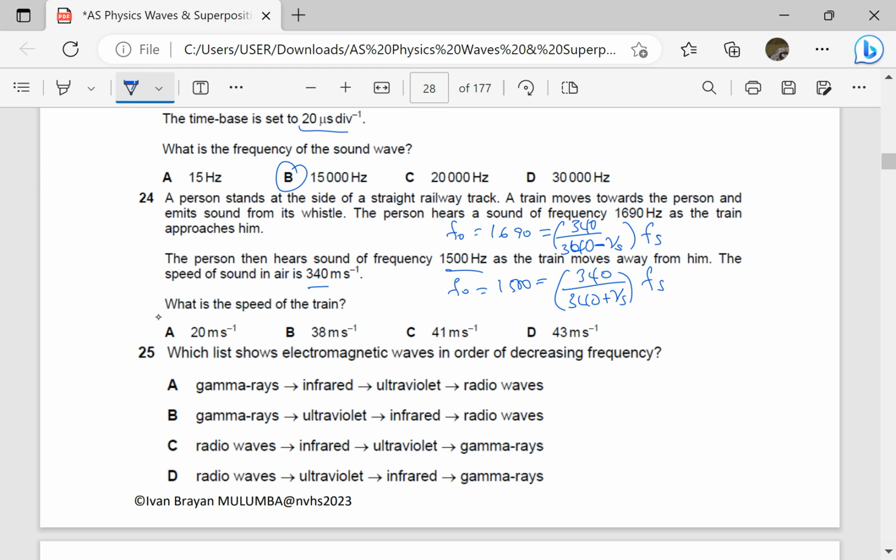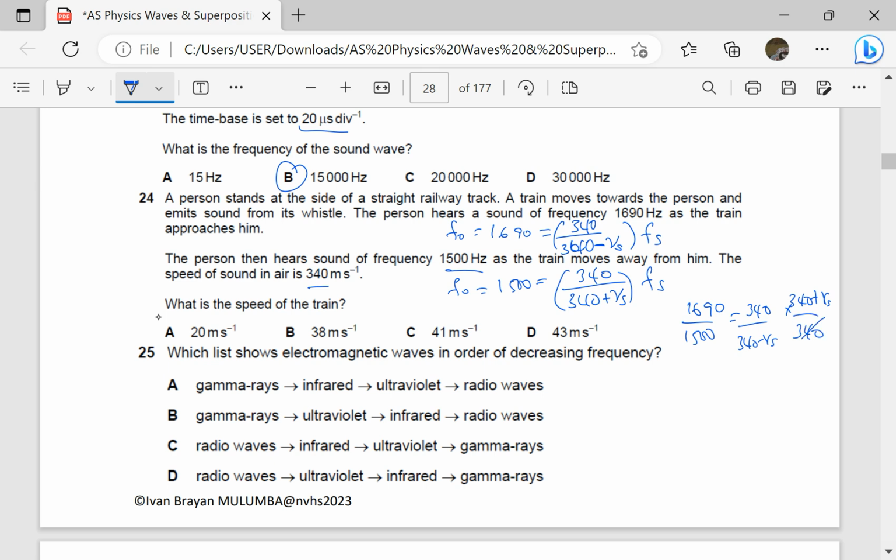So we just combine these two equations by division. When I divide the two equations, I will have 1690 divided by 1500 equals 2. When I divide, the Fs cancels, I remain with the 340 divided by 340 minus Vs, times, I get the reciprocal of the one down here, which is going to be 340 plus Vs over 340.